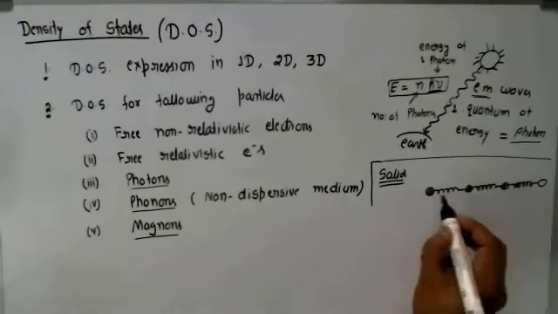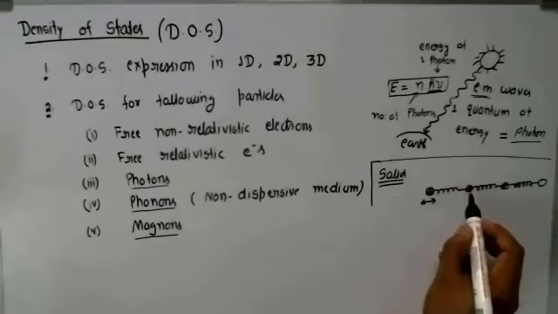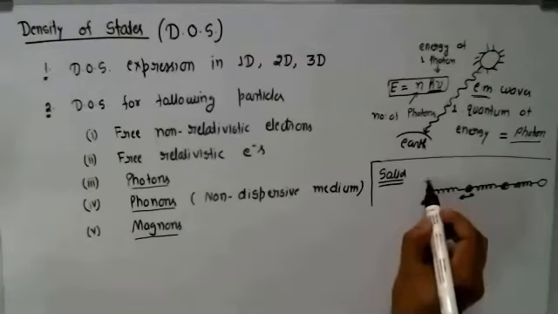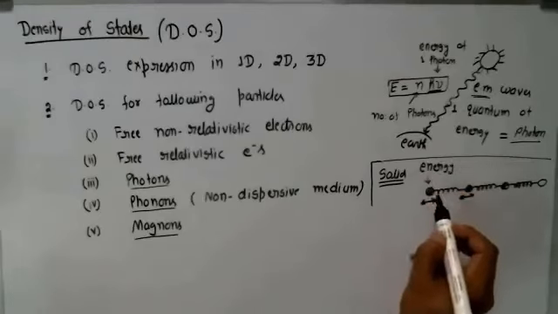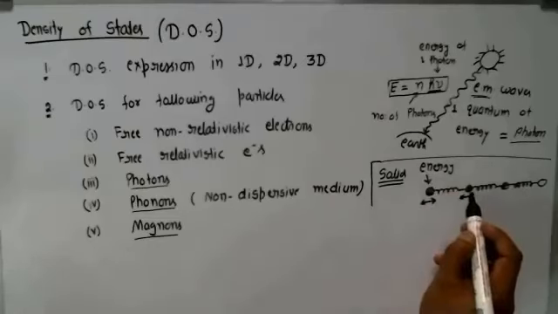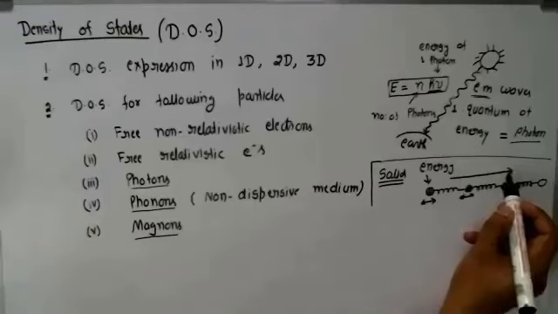When you disturb one atom for any reason, this oscillation makes the neighboring atom oscillate too. So when you deposit some amount of energy here, these atoms start oscillating, the oscillation transfers to the neighboring atom, and this way the energy travels in the solid.